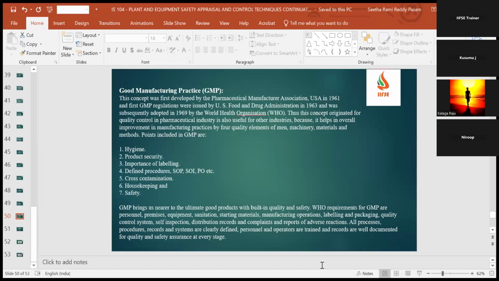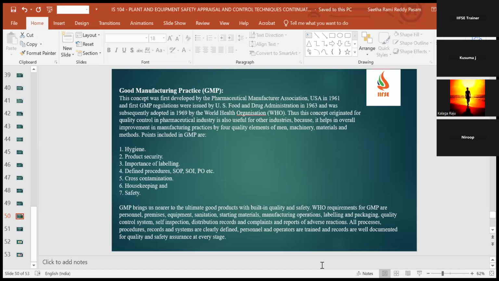Also, WHO requirements for GMP are personnel, premises, equipment, sanitation, starting materials, manufacturing operations, labeling and packaging, quality control systems, self inspection, distribution, records, and also complaints and reports of adverse reactions.